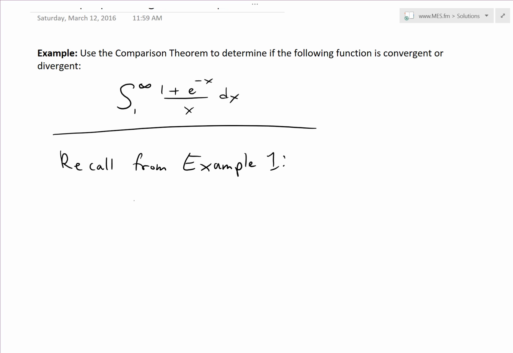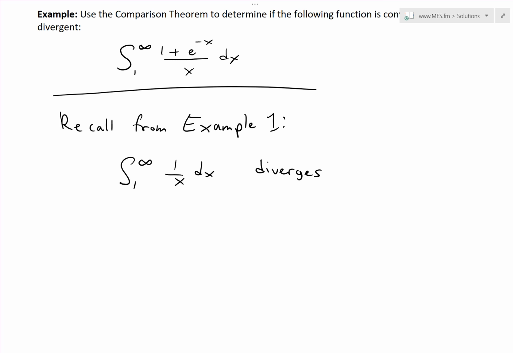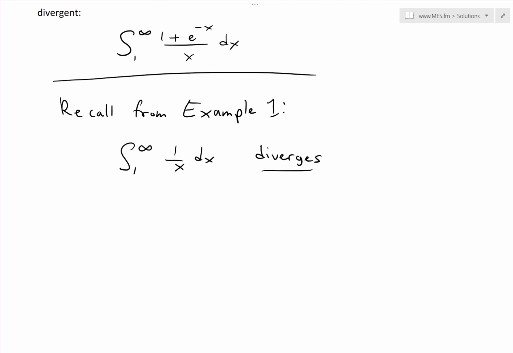I showed that, from example 1, the integral from 1 to infinity of 1 over x dx converges. I mean, not converges, diverges, and you get no proper answer for that. So we'll compare this one to this function right here.